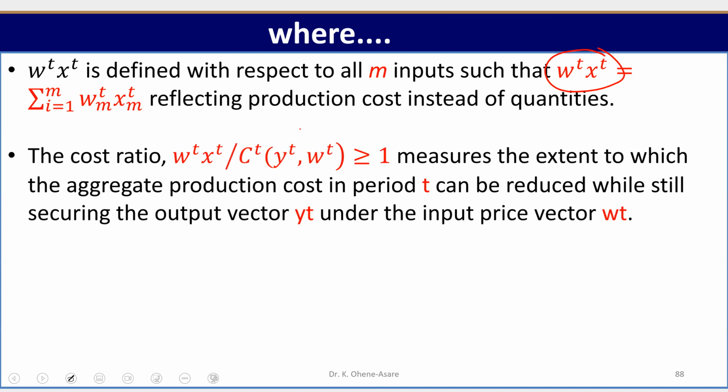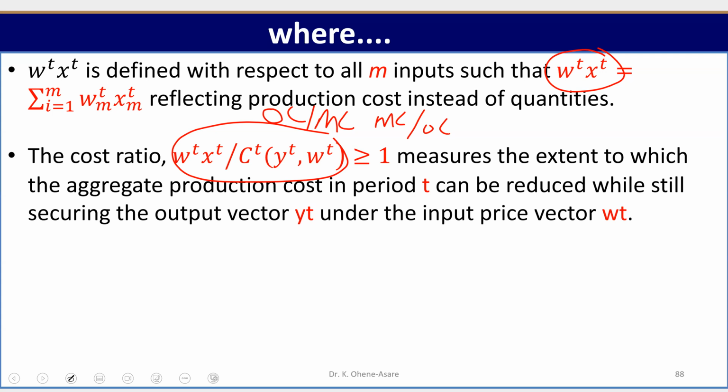Now, what is this ratio? We've said it multiple times: it is observed cost over the minimum cost. But that is not cost efficiency. That is the cost distance function. Because cost efficiency is minimum cost over the observed cost.